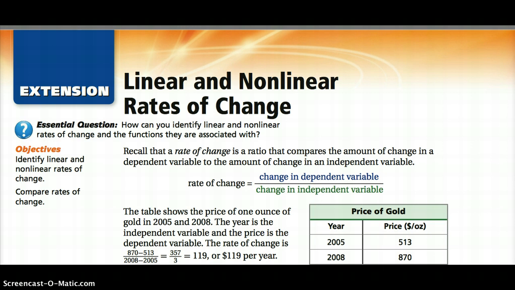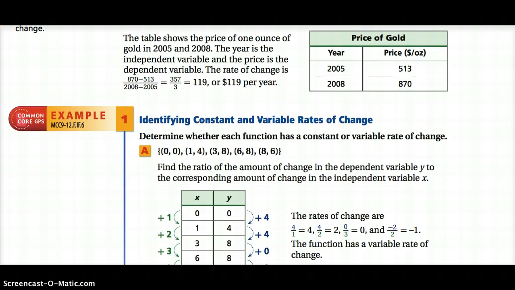All right, so let's look at this example. It says the table shows the price of 1 ounce of gold in 2005 and in 2008. You can see here, in 2005, 1 ounce was $513 per ounce, and in 2008, it was $870 per ounce.